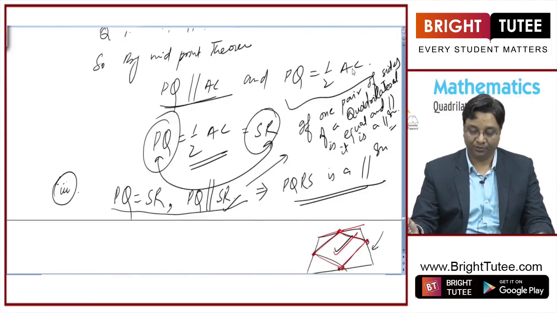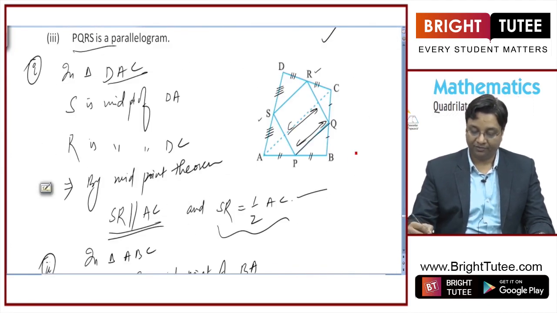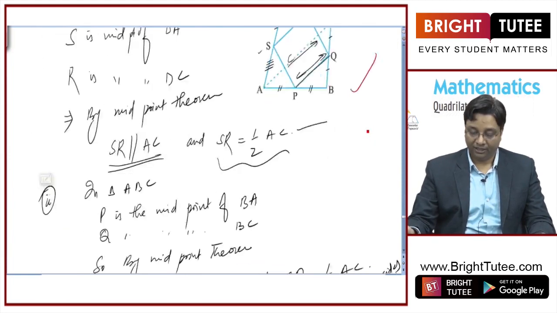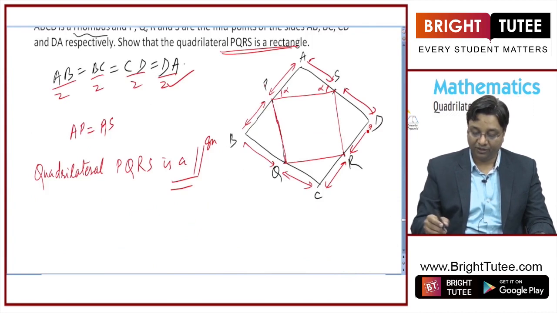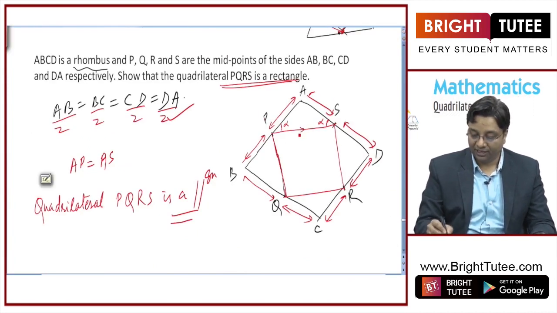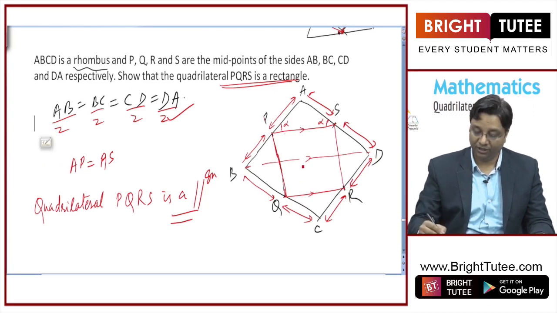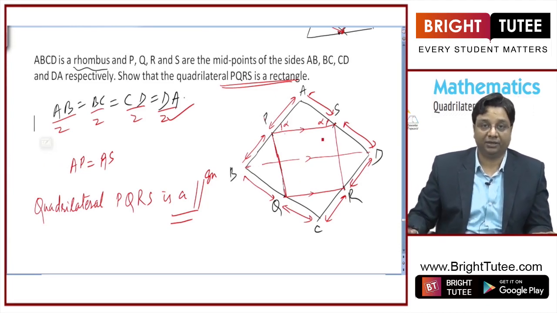I have just proved it in the first question. If you want to prove it again, you can use the midpoint theorem, that this line will become parallel to this line, right? And this line will be parallel to this line, and PS is half of BD, QR is also half of BD, so PQRS is definitely a parallelogram.